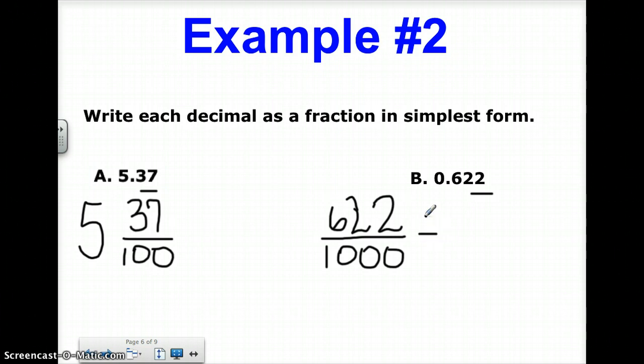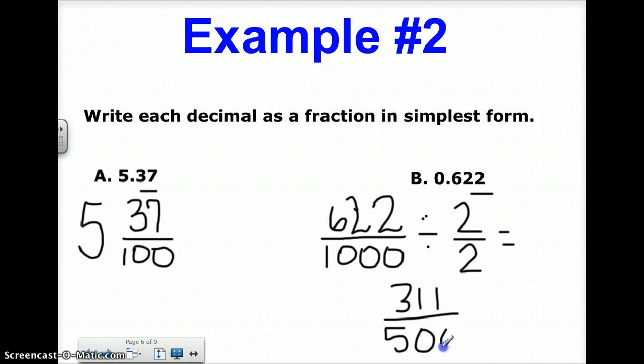It's a really big number. Let's go ahead and look and see what would go into both. 2 will divide evenly into both the numerator and the denominator. And when you are finished, you end up with 311 over 500. Final answer.